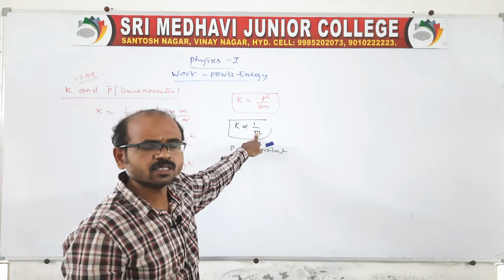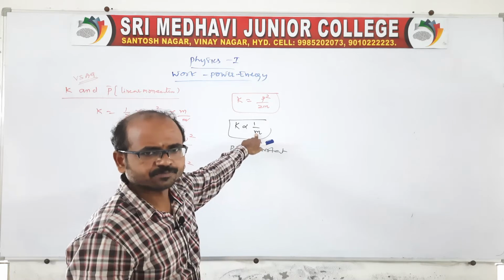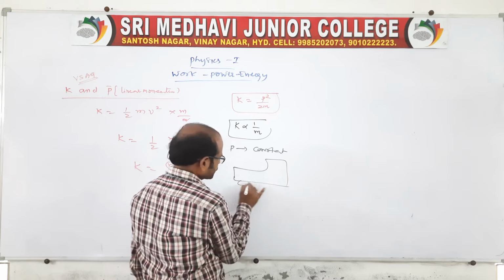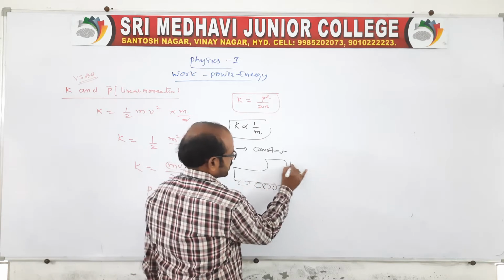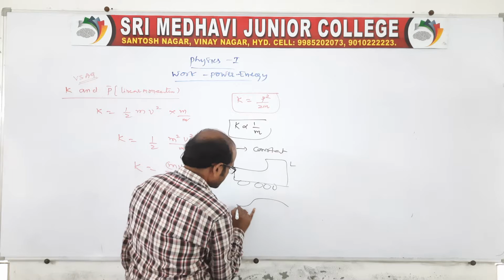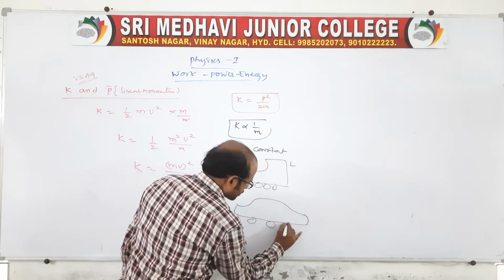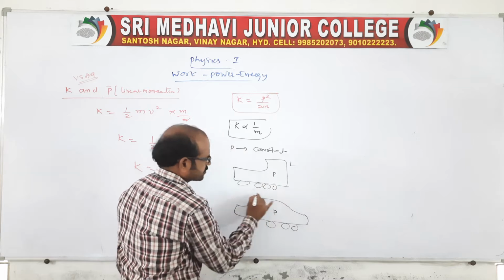Here, if 2 vehicles are moving, a lorry and a car, there is a conceptual question. Both are moving in the same direction, and the momentum is constant for both the vehicles.